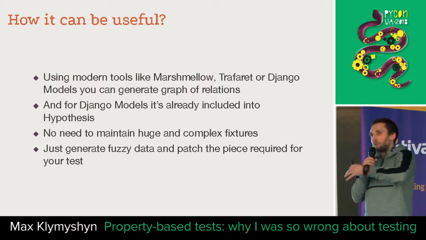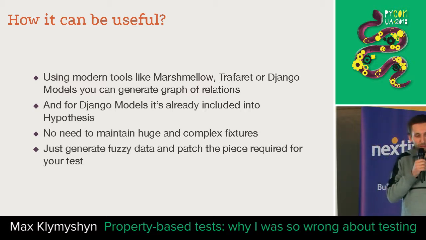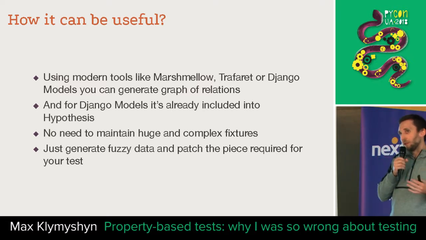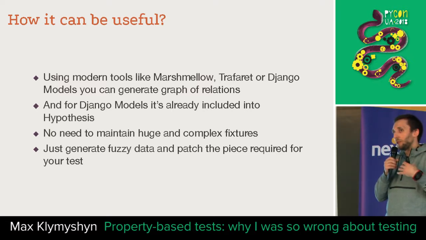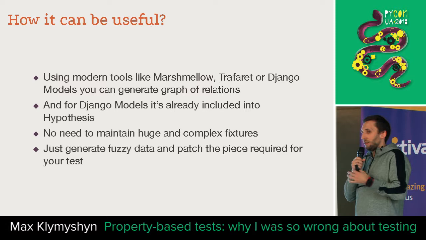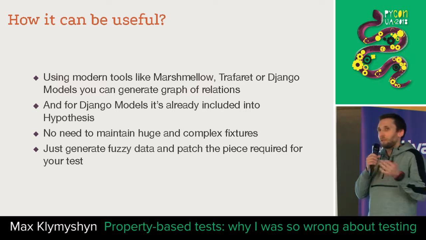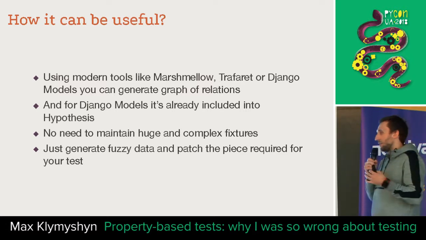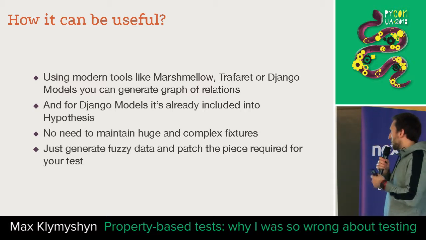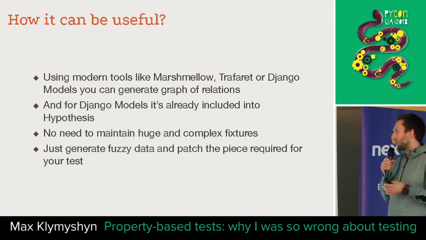Basically, this is a graph of different models. So if you have this, you can generate your trees of data without any fixtures, without a lot of effort for generation or for housekeeping that data.